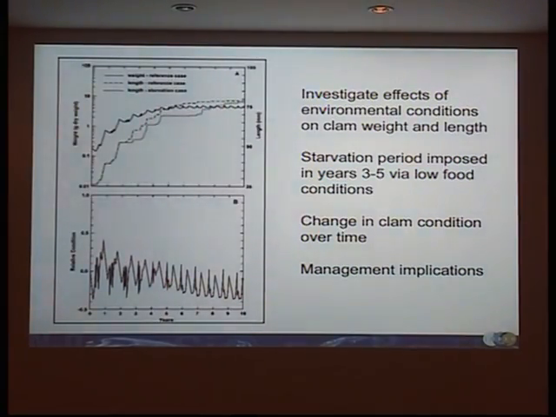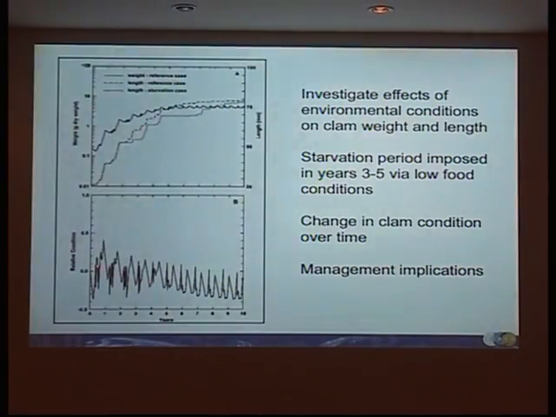Starvation would be something like environmental conditions were such that the phytoplankton bloom was delayed, or there was lower phytoplankton production in the year. So you impose that through the environmental conditions, and then you look at the effect of that on the growth.